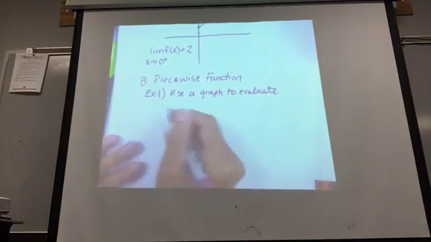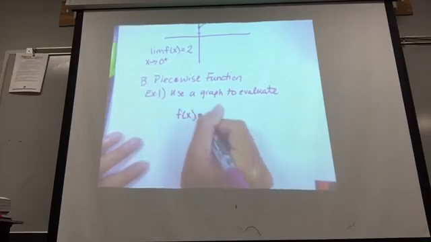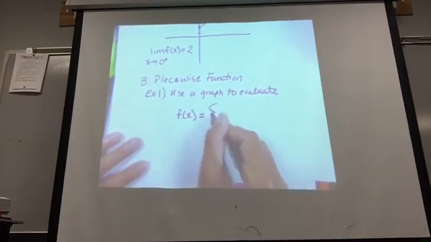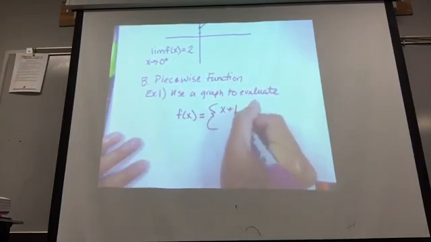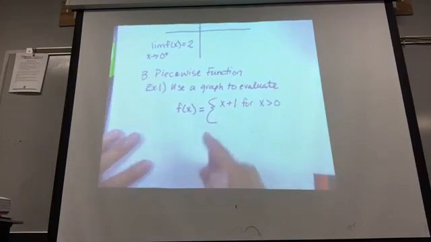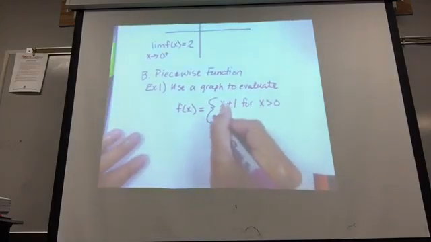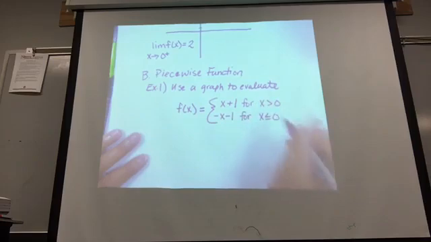So we're going to have to make a graph of our function, and our function is f of x equals x plus 1 for x greater than 0, and negative x minus 1 for x less than or equal to 0.